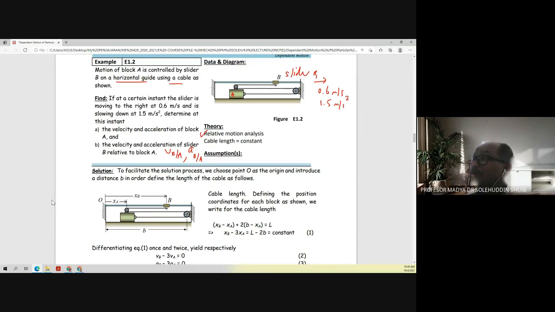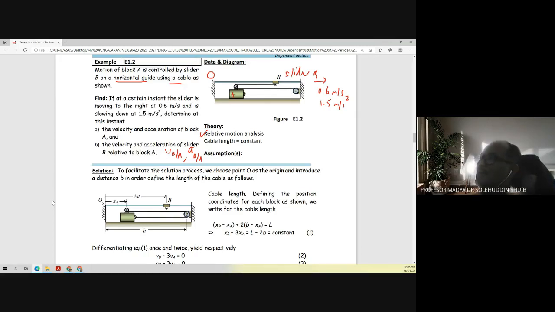So first thing, in order for us to solve this problem, we need to choose the datum. We can choose the datum in the process of doing the solution.